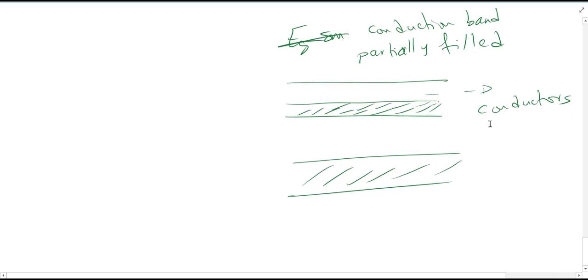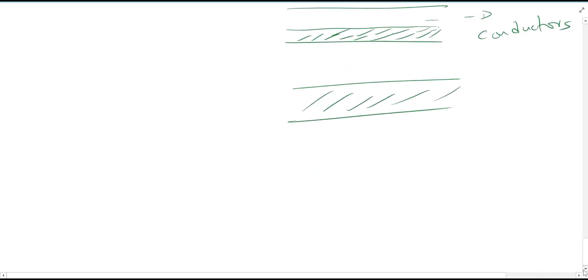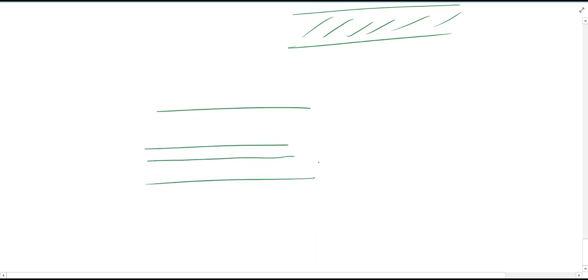There is a situation in between the two where you have the so-called semiconductors. In the case of semiconductors, basically the gap Eg is small between the valence band and the conduction band. Under low temperatures, this will actually be an insulator.